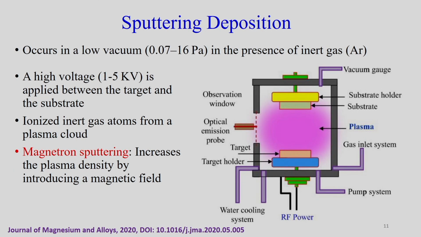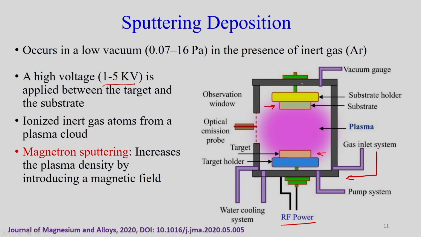In case of sputtering, rather than generating the plasma with the arc, particularly the cathodic arc, here we are going to use RF power, or you can say AC power, and this power varies between 1 to 5 kilovolt between the substrate and the target. What is happening? You have to generate a plasma cloud here. For the plasma cloud, an inert gas, let us say argon, is coming.